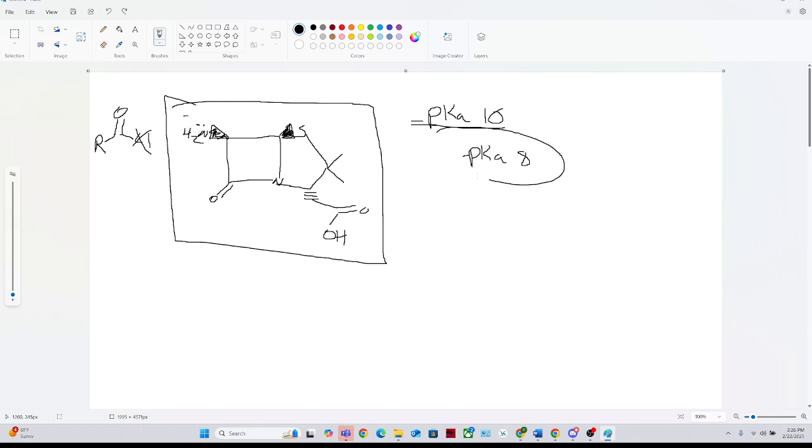I already have that listed here for the protonated amine, rather. That's the pKa for the amine that we're currently working with, and the pKa of your carboxylic acid is going to be about 5. And lastly, you have this beta-lactam, which is a four-membered strained ring that is also prone to hydrolysis.